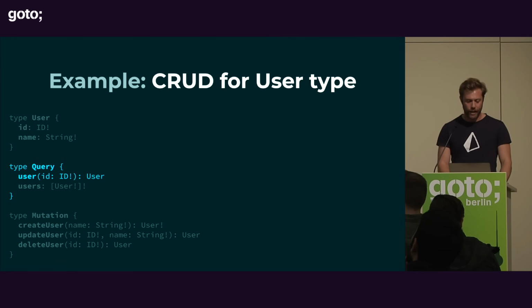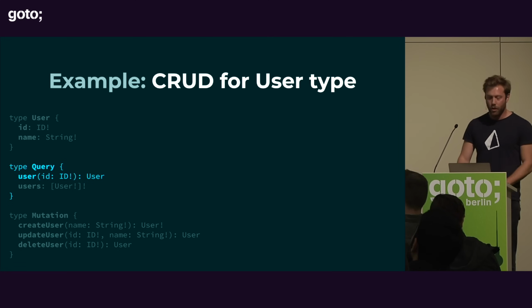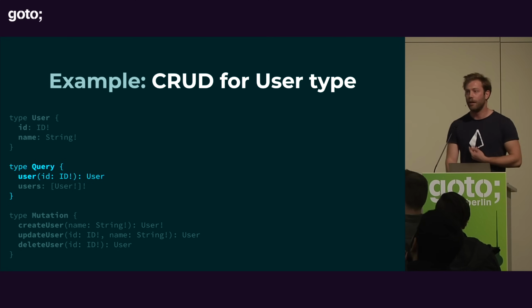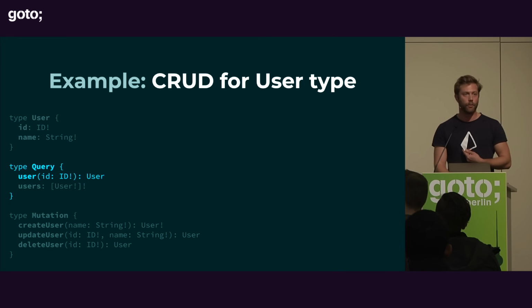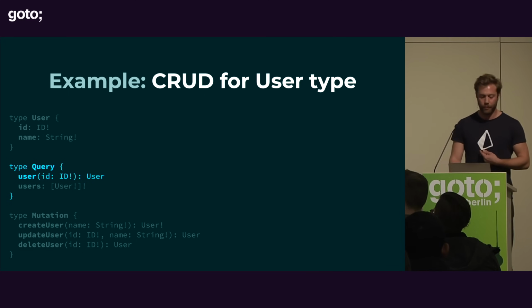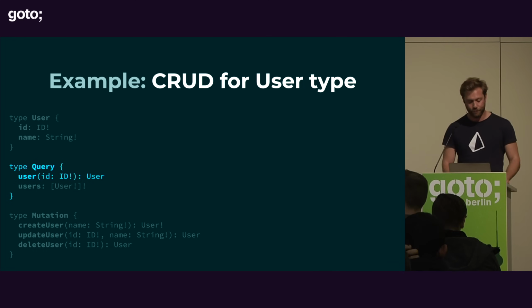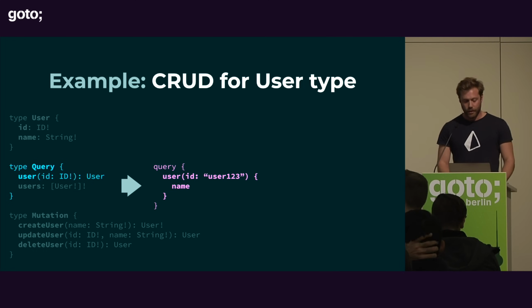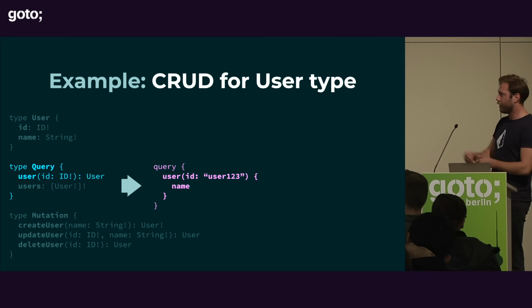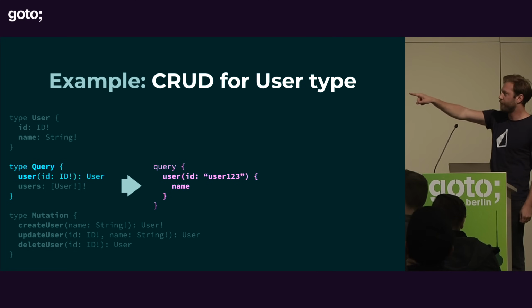If we only look at the user field right here, what does this tell me as the client of the API about what a GraphQL query looks like that I can send to the server? It basically tells me that I can send a query that starts with the user field and takes an ID parameter like this.